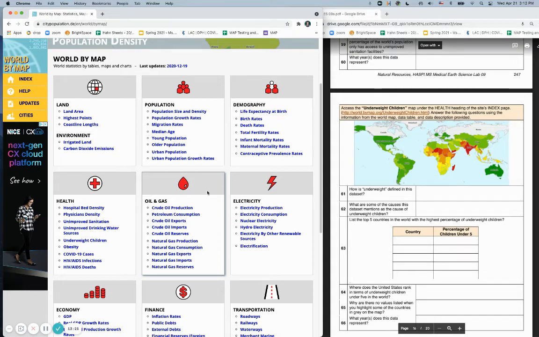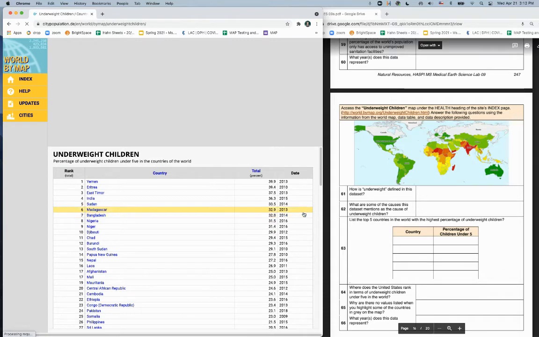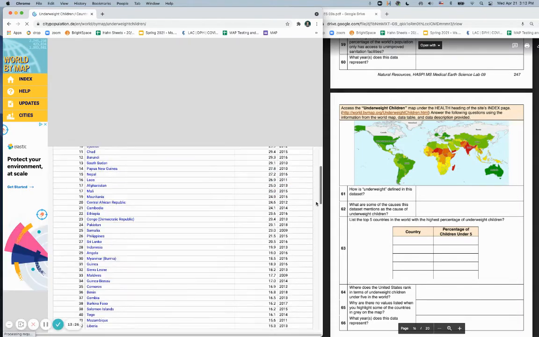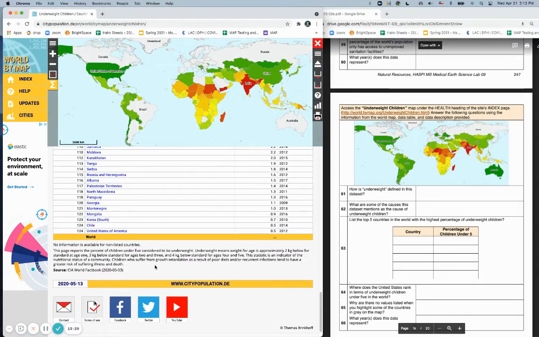So if we go to health, underweight children, what causes underweight children? Okay, so it's an indicator of the nutritional status of a community. So if the children aren't getting enough nutrition, then they're going to suffer more illness and death.